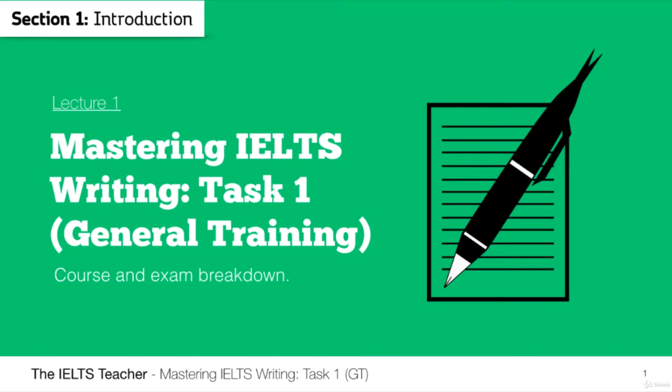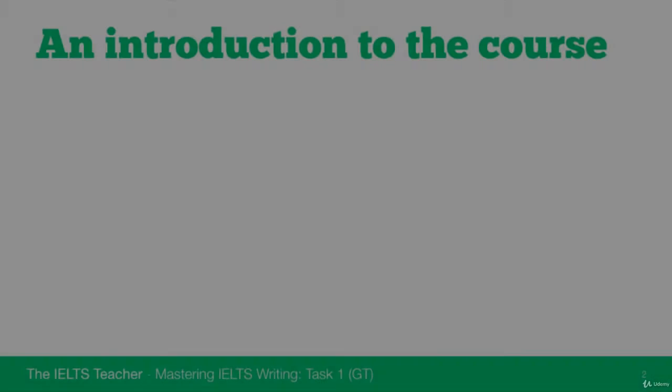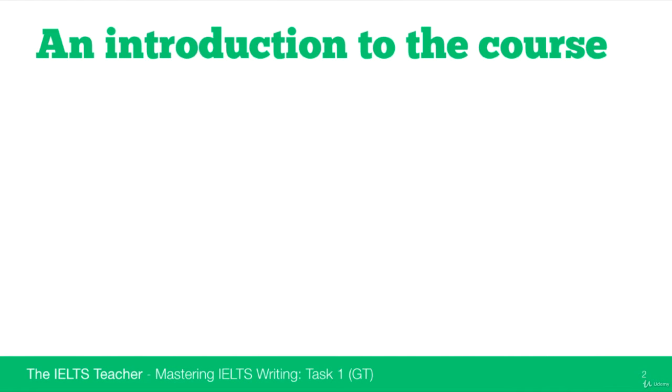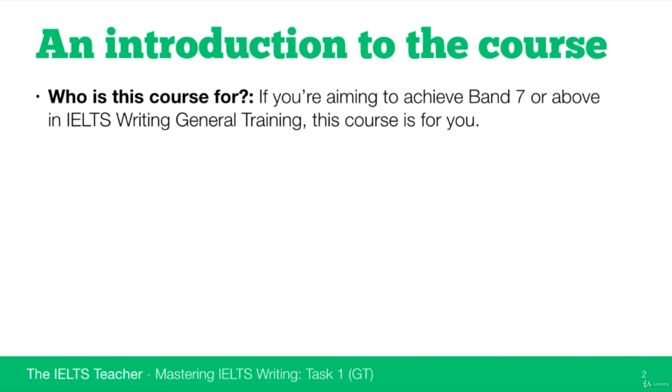So in this first lecture we're going to just talk about how this course is structured, what you can expect from the course, and we're also going to have a quick look at the IELTS exam in general. So let's start by looking at an introduction to the course. This course is for anybody who's aiming to achieve a Band 7 or above in IELTS writing, the General Training module.